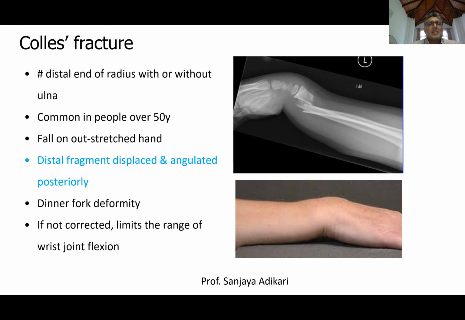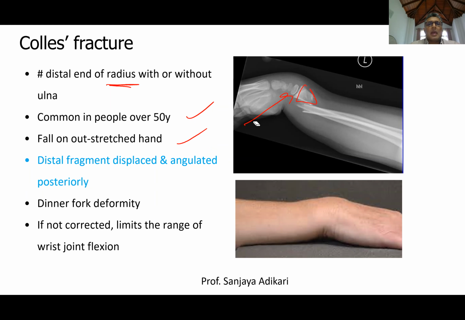So it can be either radius and ulna both, or only a radius fracture. Still you call it Colles fracture, and it is common in people over 50 years, whether male or female. Then it's again a fall on the outstretched hand, and when you fall on the outstretched hand, the force is in that direction, so you get displacement and angulation of the distal fragment posteriorly.